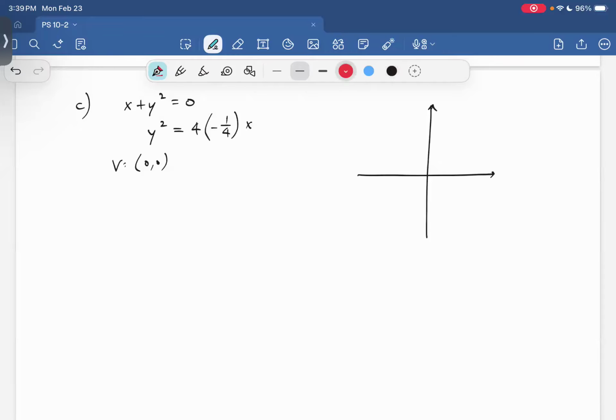And this is a horizontal parabola facing left, and p is equal to negative 1/4. So the focus here is going to be negative 1/4 comma 0, and the directrix will be x equals positive 1/4.